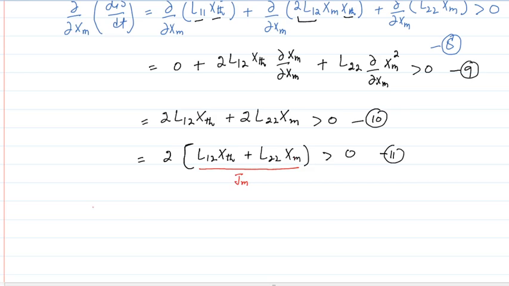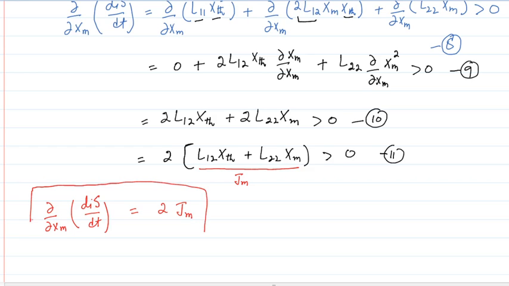So the entropy production, that means the derivative of rate of entropy production per unit time with respect to xm, is basically equal to 2 times Jm. This is a very important relation here. That means we can say this first derivative is basically having a positive value.